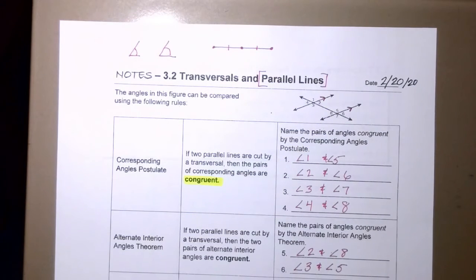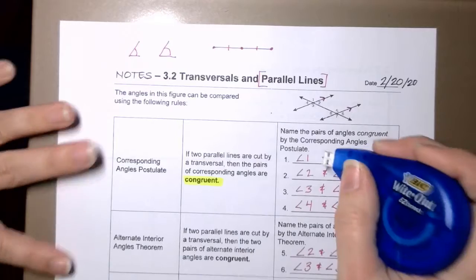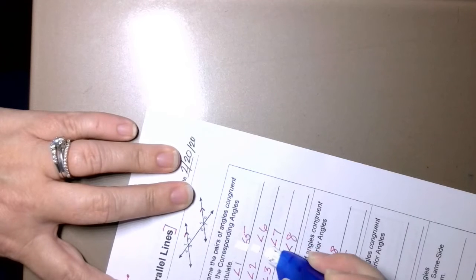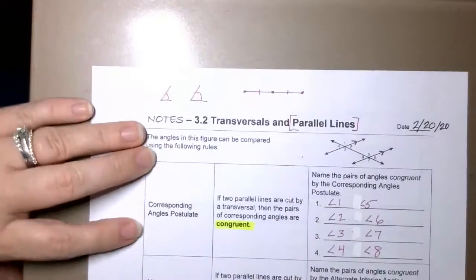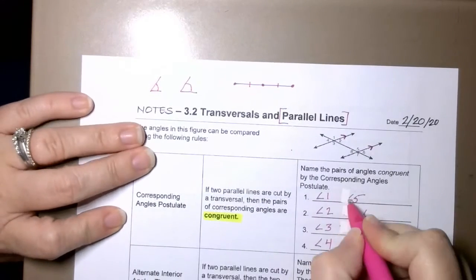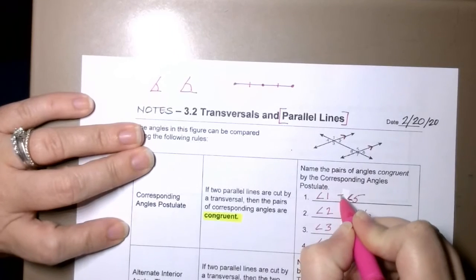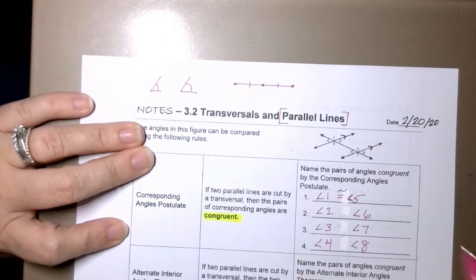Now, I'm going to change the way I'm writing this. You ready? I'm simply going to change my little equal sign. I should have done this at the beginning, sorry. But because of these theorems, we know that these corresponding angles, these aren't just corresponding angles, they are congruent. So I use that congruent symbol.